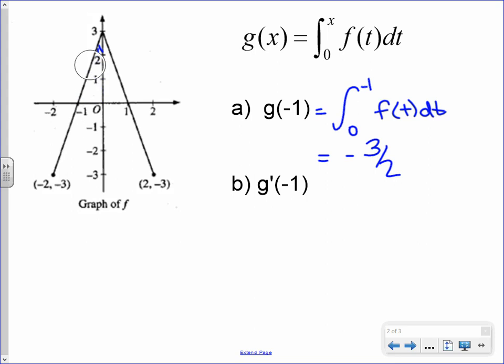Okay. g prime of negative 1. Remember, we decided that g prime is the same as f. So what is f of negative 1? 0. What do we call it when our derivative is 0?